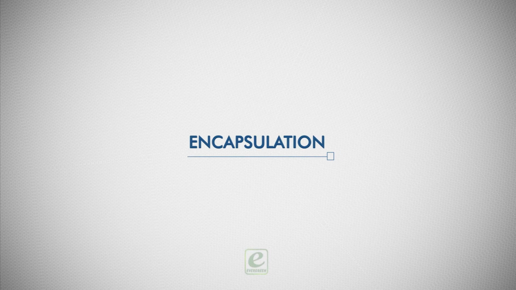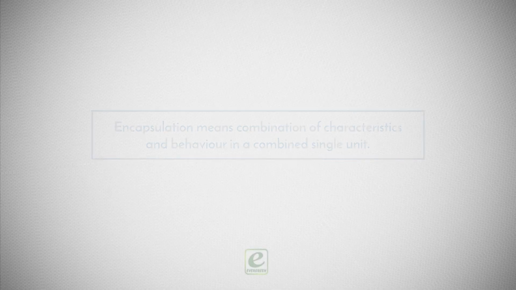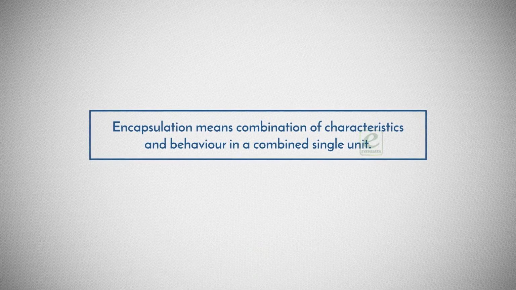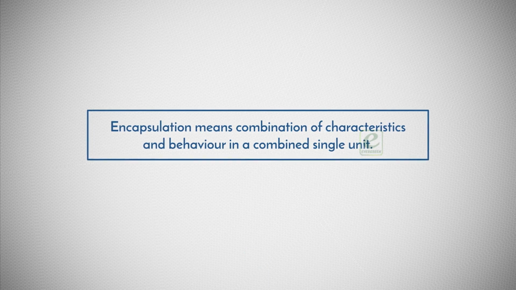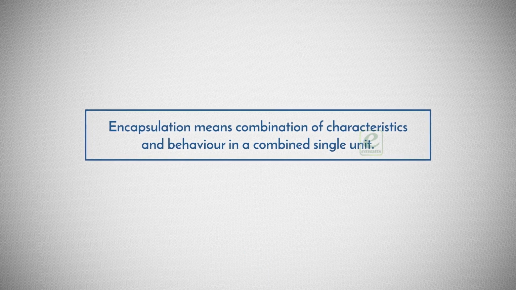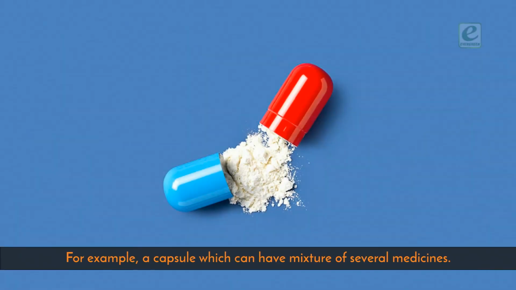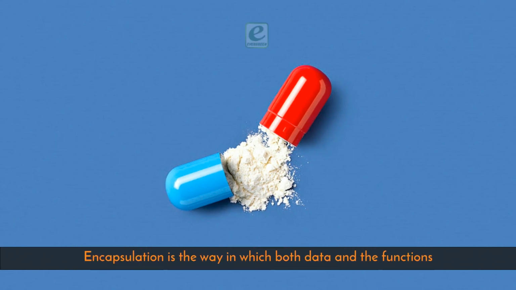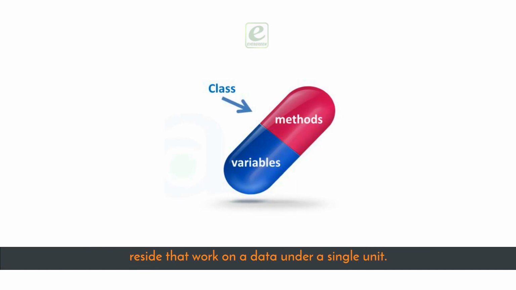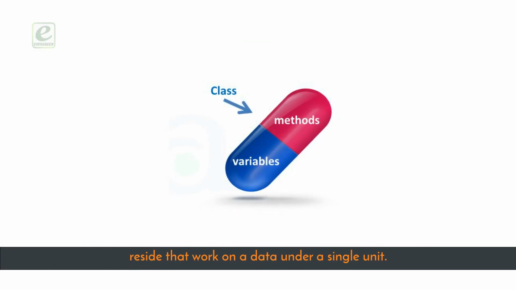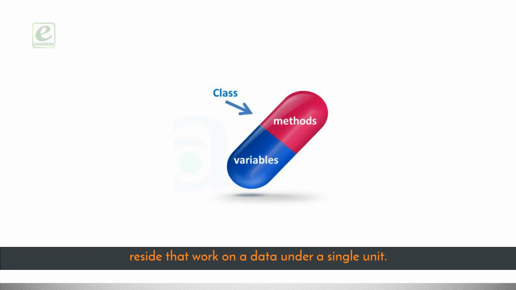Encapsulation. Encapsulation means combination of characteristics and behavior in a combined single unit. For example, a capsule which can have mixture of several medicines. Encapsulation is the way in which both data and the functions that work on the data reside under a single unit.